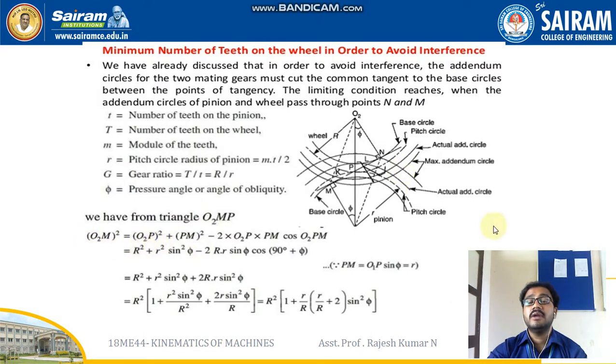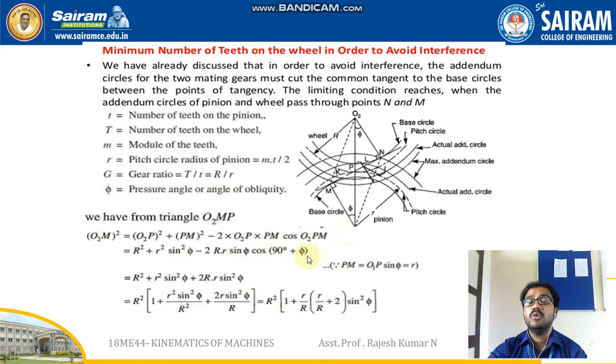We know that O2P is the capital R. So it is capital R square plus PM square, and PM is nothing but R sin phi, so R square sin square phi, minus 2 into O2P which is R, into PM which is R sin phi, cos of 90 degrees plus phi.